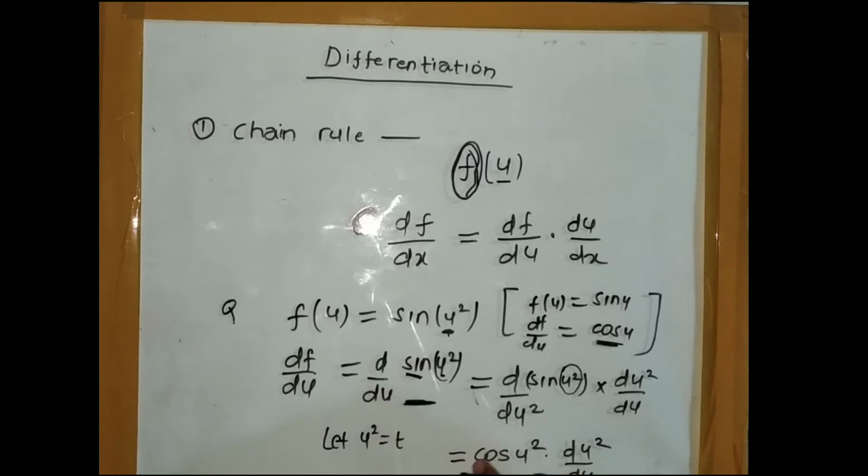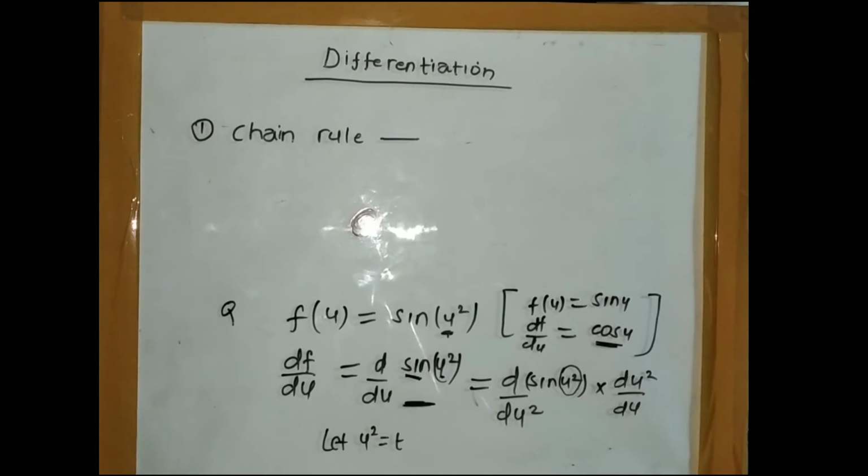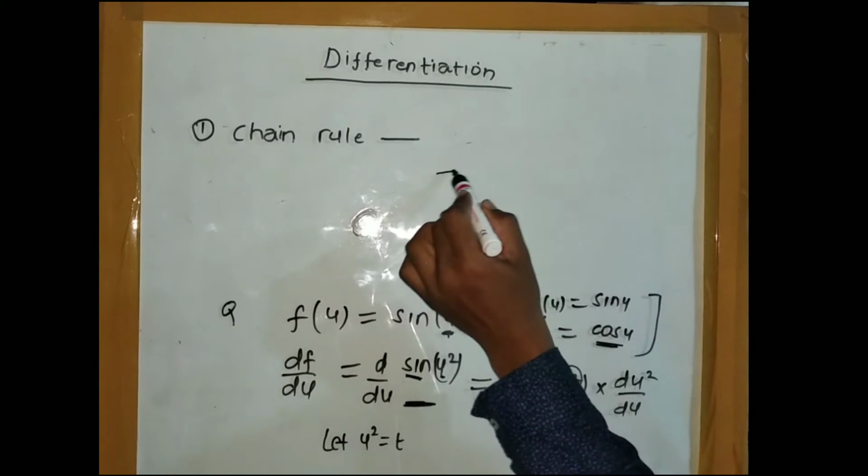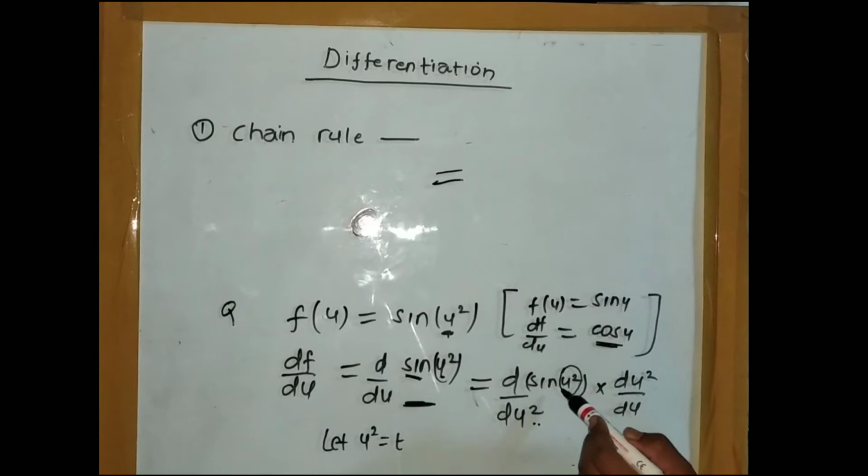If this expression is not visible to you, I write it once again. The differentiation of sine t, d sine t by dt, equals cos t, where t is u square.